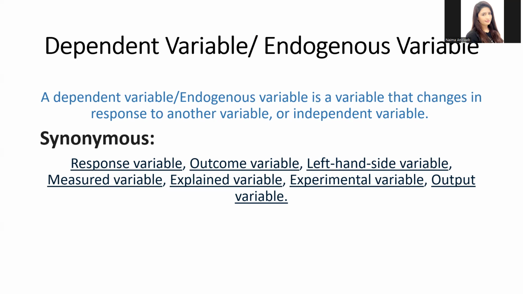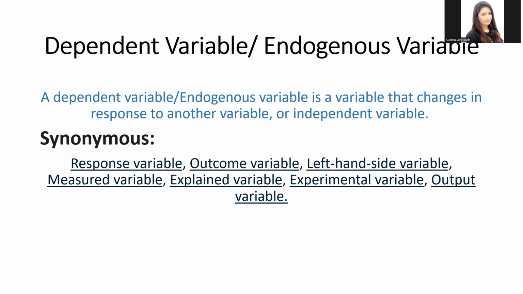So the dependent variable is also called an output variable. Experimental variable: the variable that gives the response in the experiment, because this variable is actively giving the response in terms of your research. The dependent variable is giving the response, so it is an experimental variable.